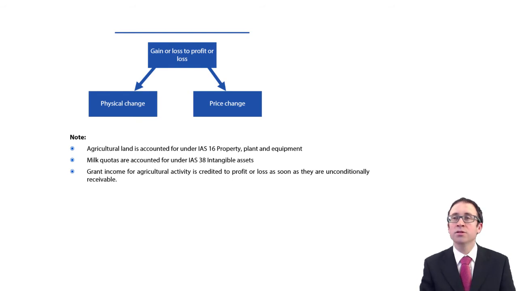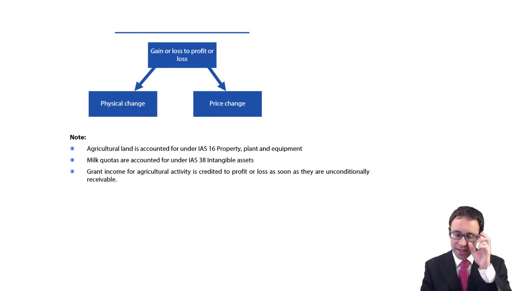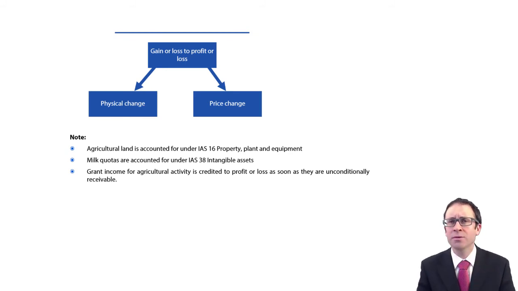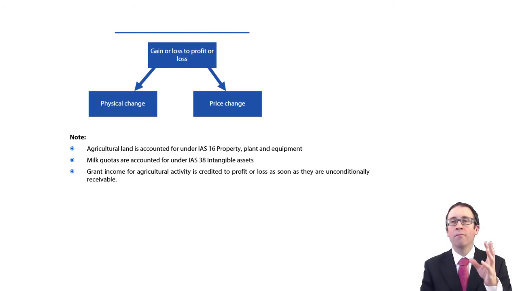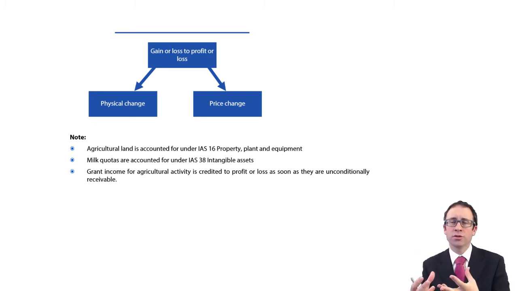And then milk quotas, they are an intangible. So under IAS 38, one of those few intangibles that could possibly be revalued as there is an active market. But don't account for milk quotas just because milk is an agricultural produce.